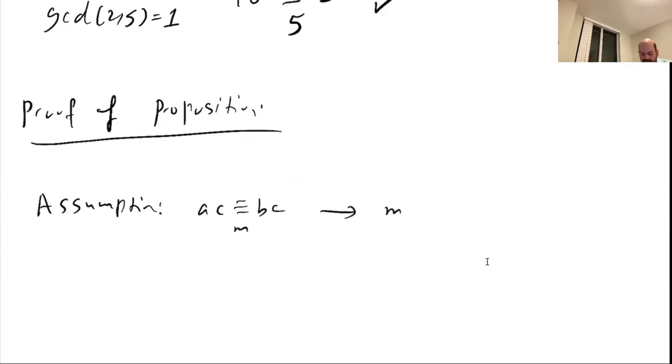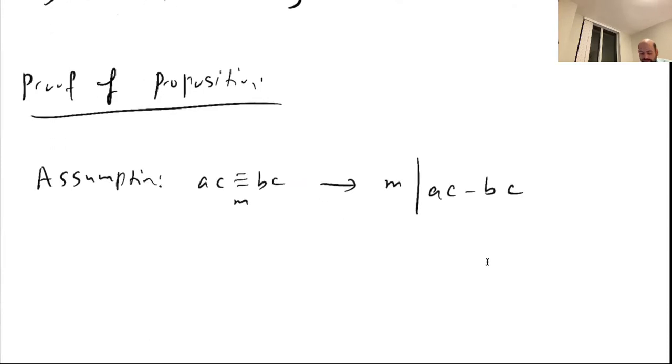That means M divides the difference. Right? Which means M divides C times A minus B. That's the meaning of congruent. If two numbers are congruent mod M, that means M divides the difference.